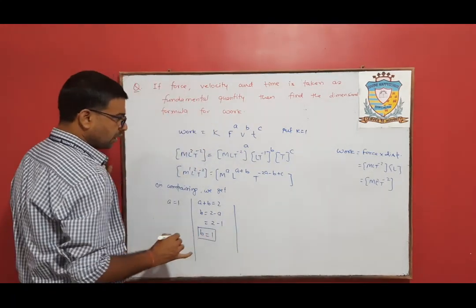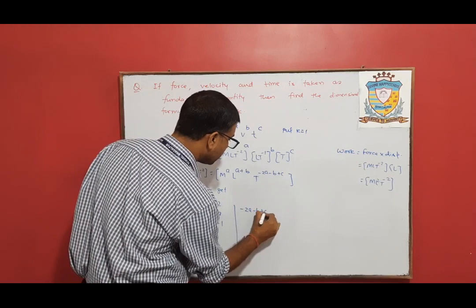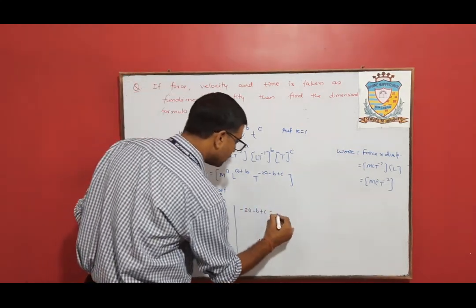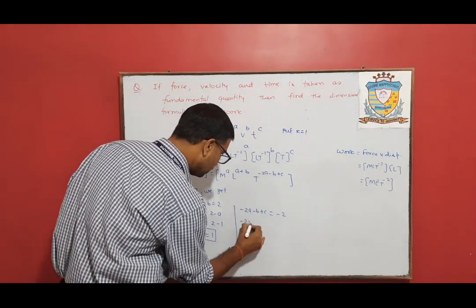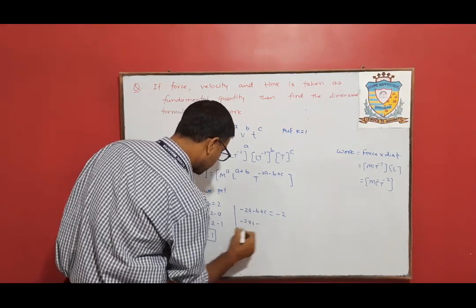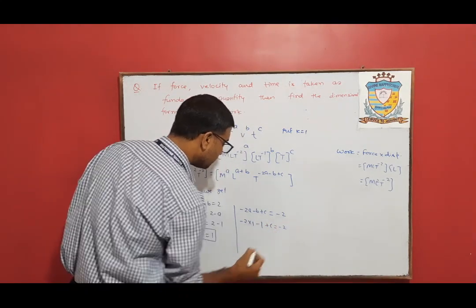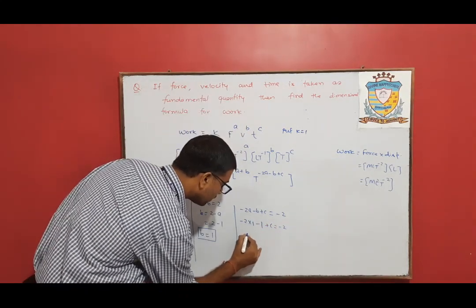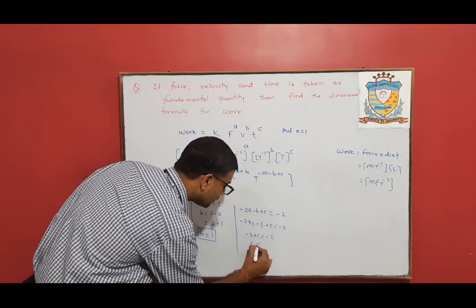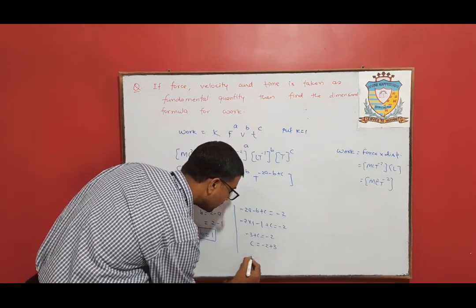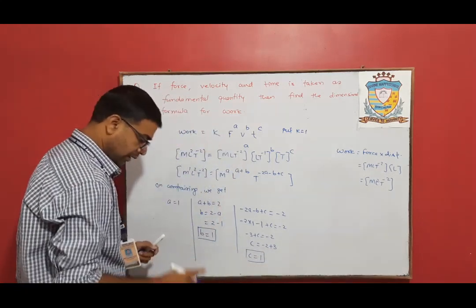Third, T raised to the power minus 2A minus B plus C is equal to minus 2. Clear? So minus 2 into 1 minus value of B is 1, minus 1 plus C is equal to minus 2, or minus 2 minus 1, minus 3 plus C is equal to minus 2, or C is equal to minus 2 plus 3, or C is equal to 1. Clear?